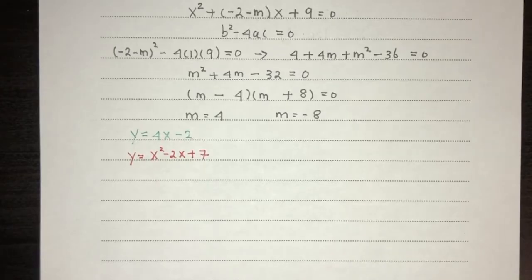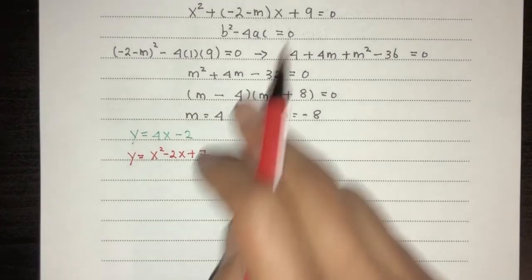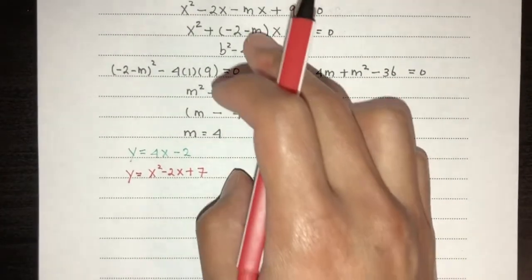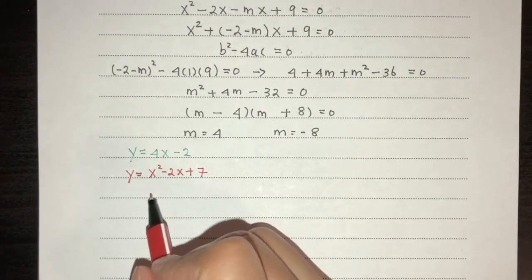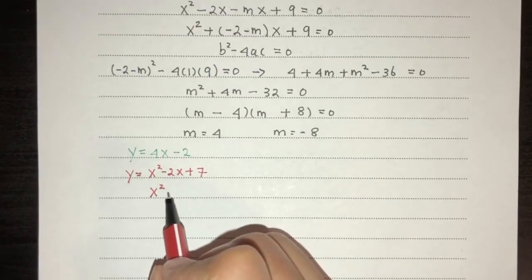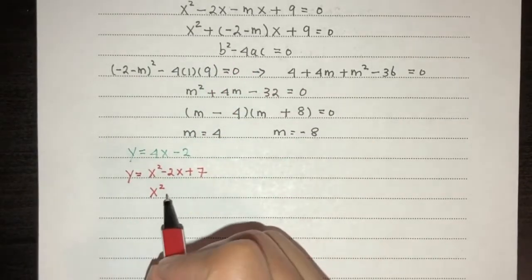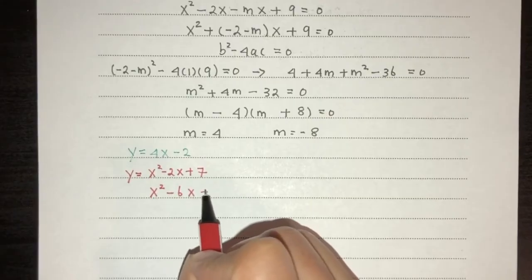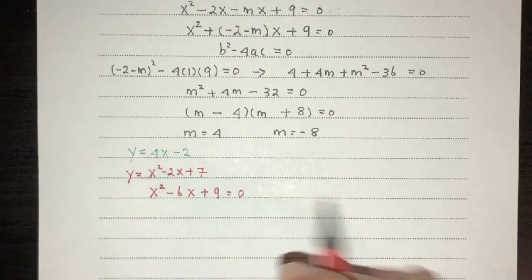So let's see what we can do in the equation. If you want to solve this, let's put the value of m right here. It will become x squared minus 6x plus 9 equal to 0.